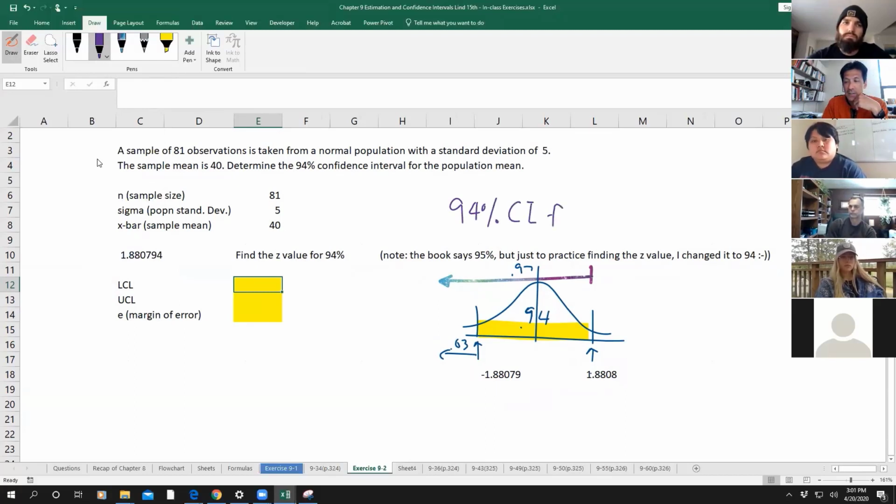CI for mu is equal to x bar plus or minus z times sigma over the square root of n.